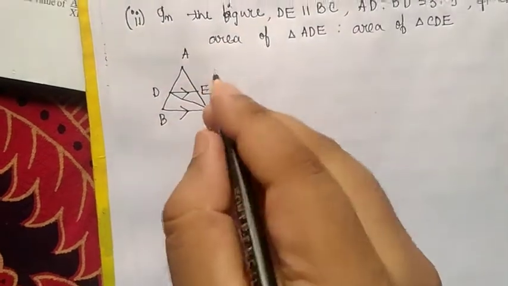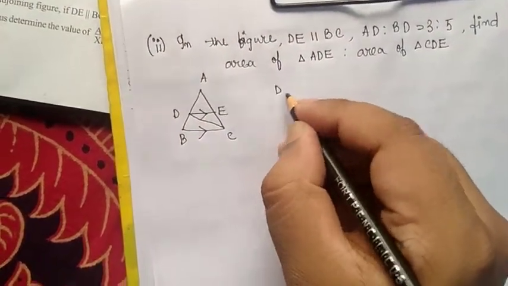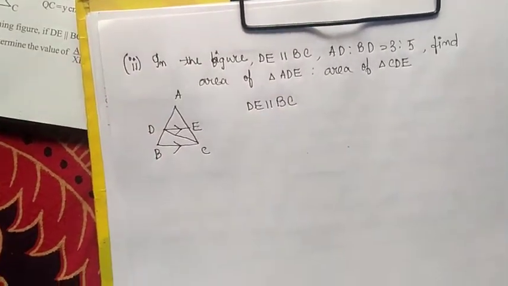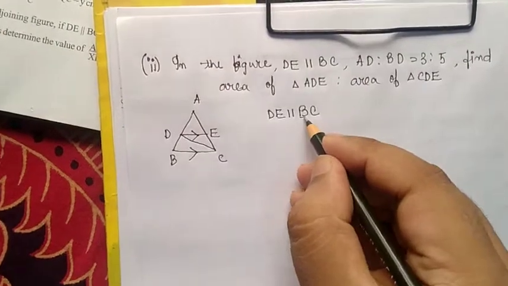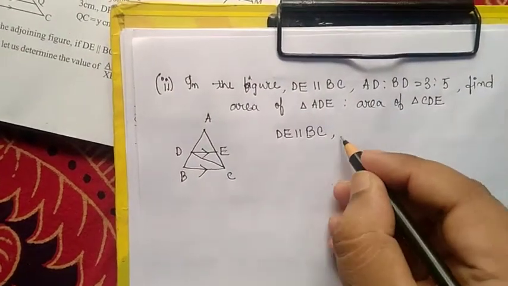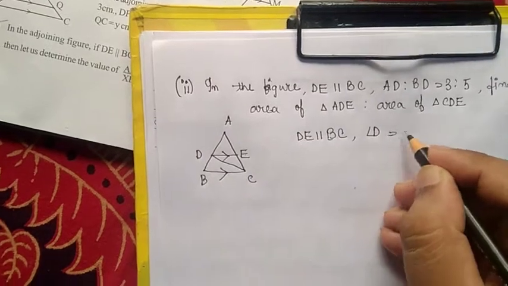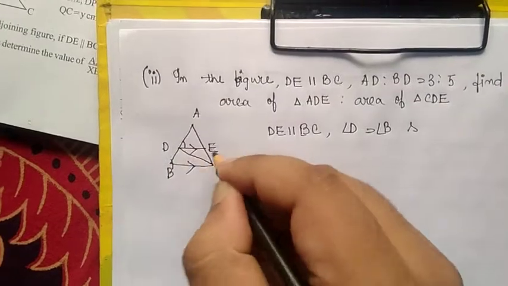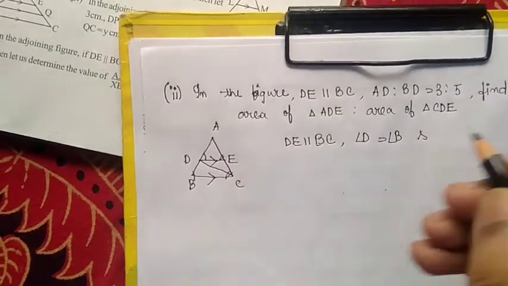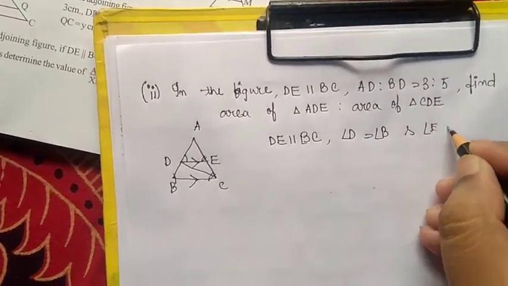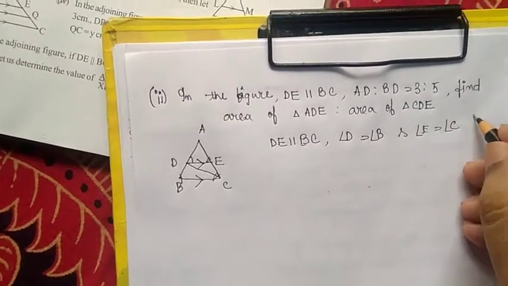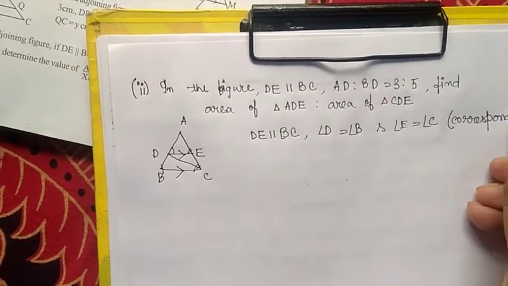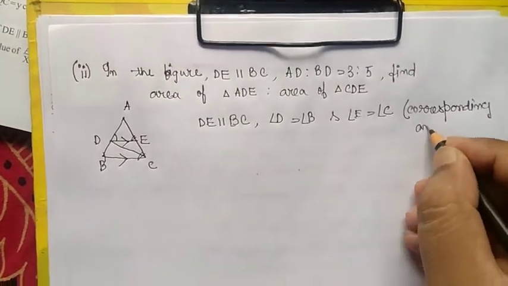First of all, DE is parallel to BC, therefore angle D equal to angle B, and angle E equal to angle C as corresponding angles.